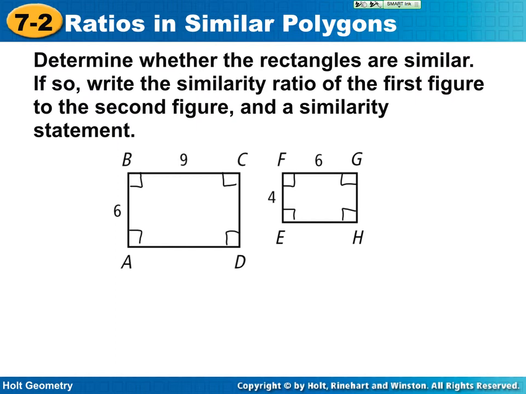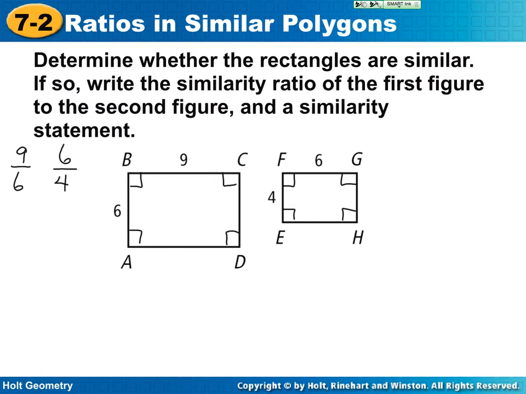If I turn that second one this way and made it 6 and 4, now would I compare 6 to 6? No. You need to compare longest to longest, shortest to shortest. So longest here is 9, and longest on that one is 6. Shortest on the first is 6, and shortest over there is 4. So we need to reduce those and see if they're the same.